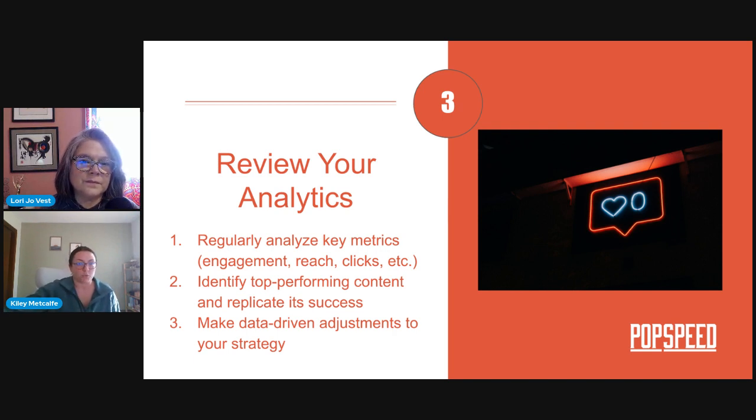You can expect it to fluctuate every month. Not every single month is going to be the most impressive high engagement month you've ever seen. It's normal to see fluctuations, but by taking constant looks and adjusting as needed, you're really staying on top of what it is that your audience is responding to.